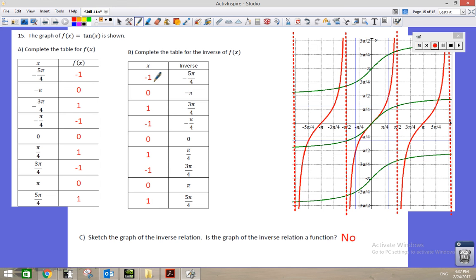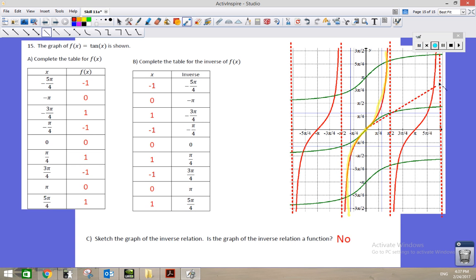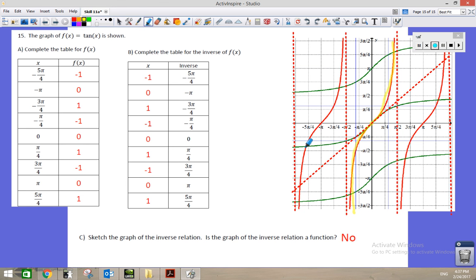All right, now if you switch x and y, what happens is this middle portion that's going through the origin here, when you switch x and y, it's a reflection across the line y equals x. So when we reflect that, what I've highlighted in yellow, you get right here what I've highlighted in yellow on that green.